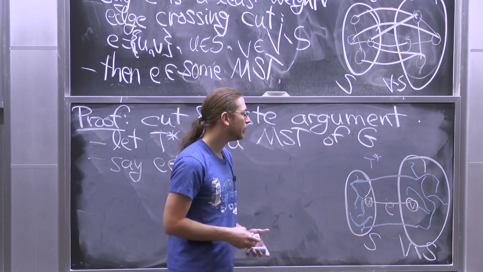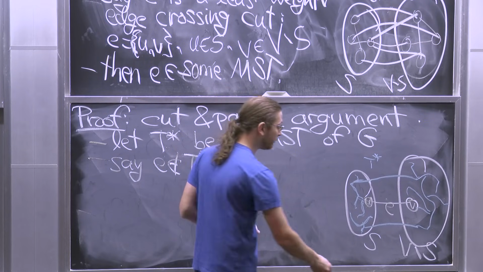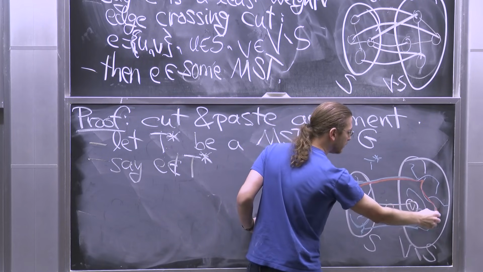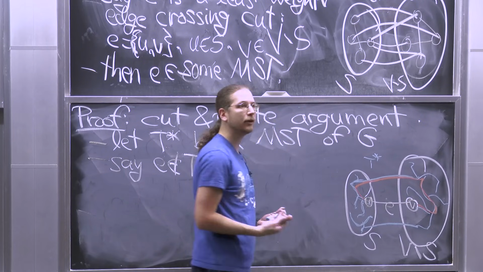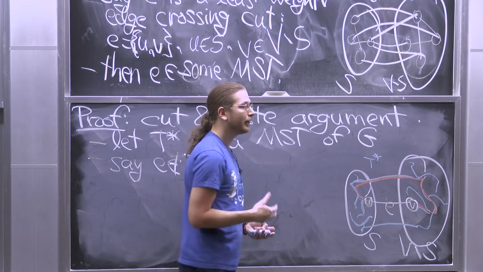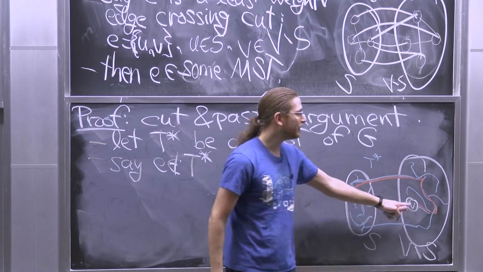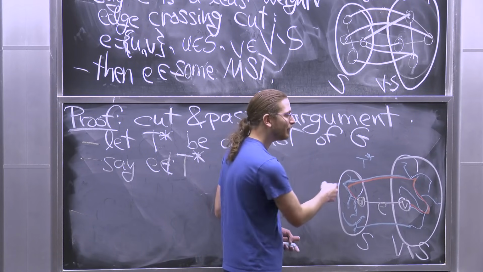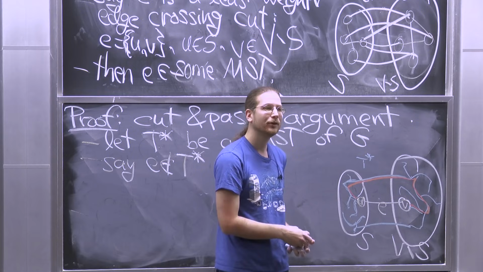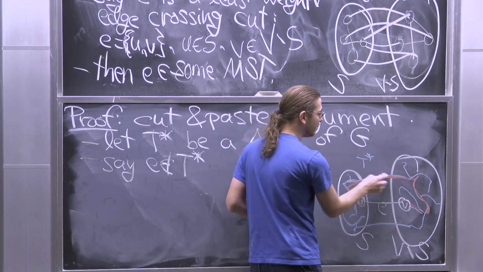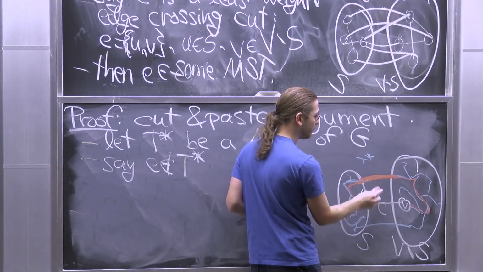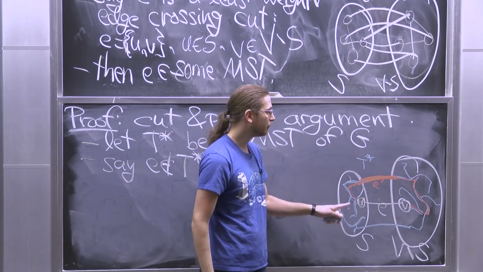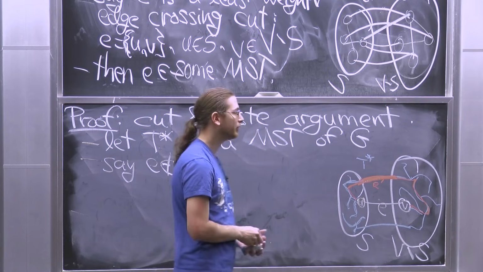It doesn't use E, but it's a tree, so there has to be a unique path from U to V in the minimum spanning tree. And now U is in S, V is not in S. So if you look at that path, for a while you might stay in S, but eventually you have to leave S, which means there has to be an edge like this one, which I'll call E prime, which transitions from S to V minus S.